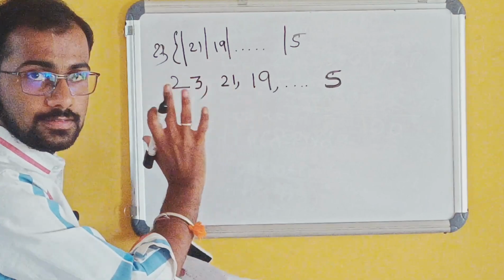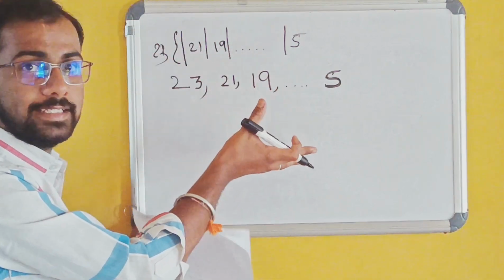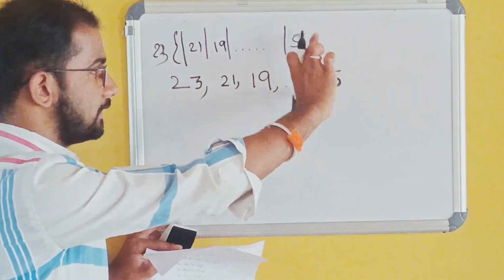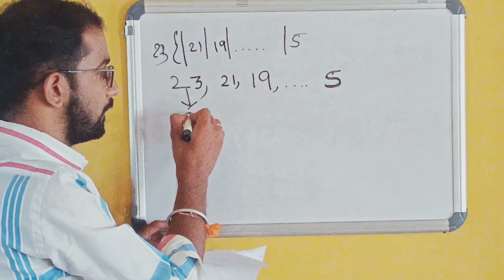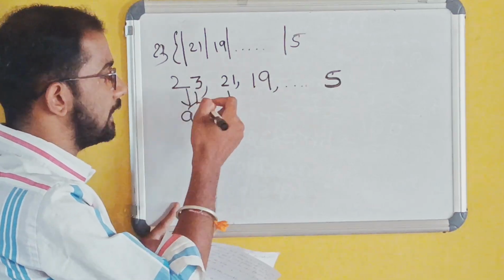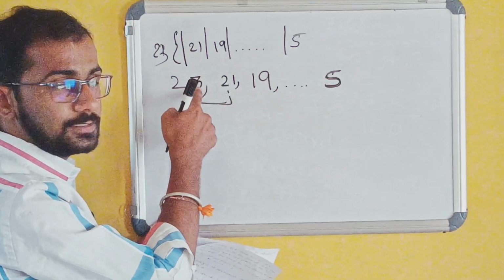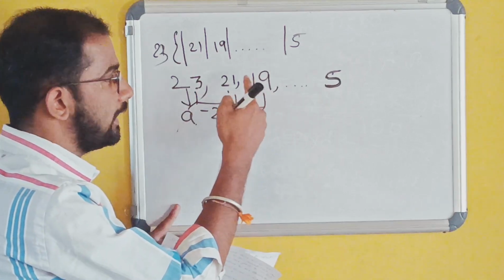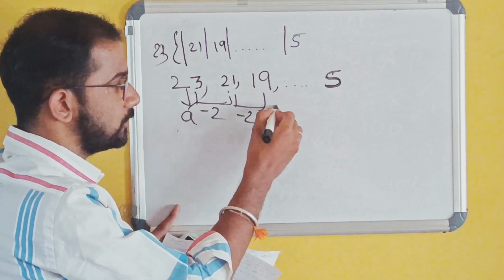So this is the given sequence from the question. We consider this the sequence, where a is 23. Now check the difference: 21 minus 23 is minus 2. 19 and 21, this is also minus 2, and so on.